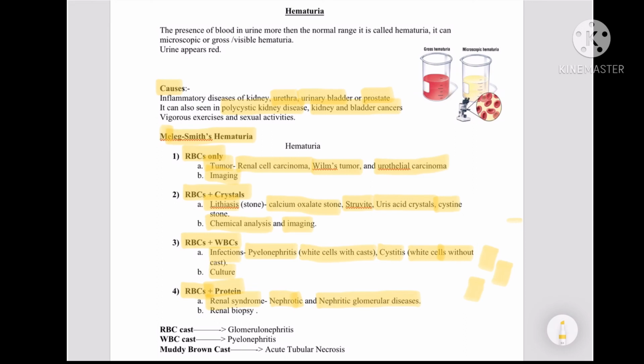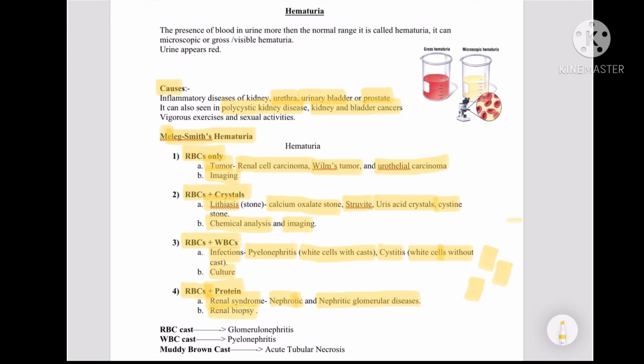That indicates nephritic syndrome. Further, on the basis of clinical examination and history, we can differentiate whether it is post-streptococcal, IgA, rapidly progressive, or another type of nephritic glomerular disease.